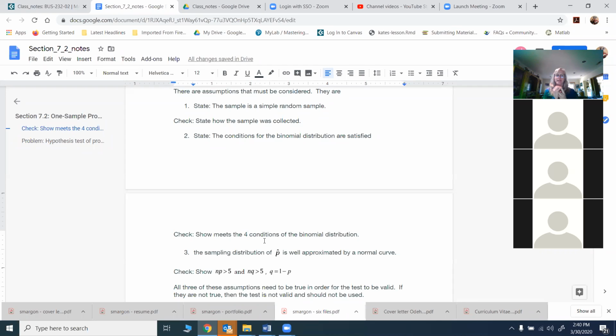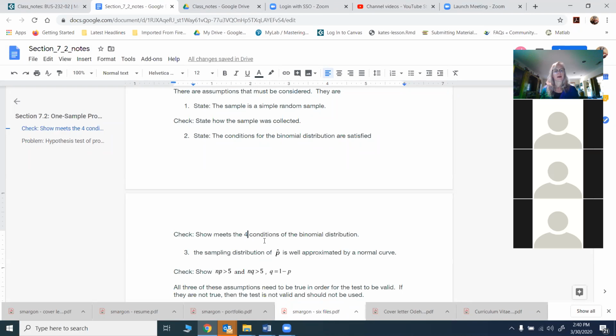How are the trials related? One doesn't affect the other. Yeah, so the trials are independent. And there's a fourth one. Anybody know it? The fourth one was actually one that a lot of you left off when I graded the homework on this. And that is that your probability doesn't change from trial to trial. So you want to make sure you look at all 4 of those and make sure that all 4 are true.